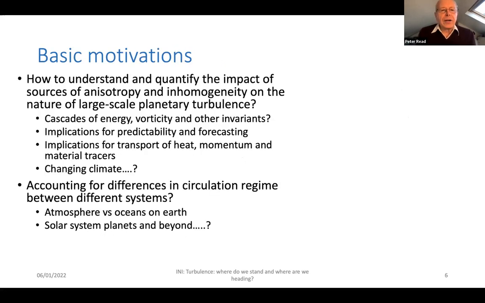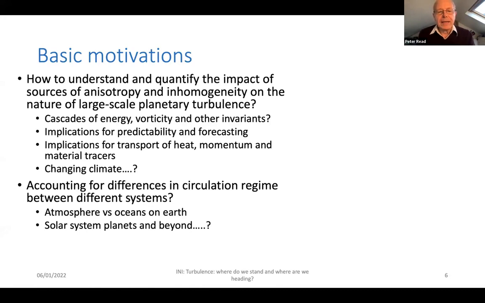So basically, perhaps this doesn't really need to be said, we want to understand and quantify the impacts of these sources of anisotropy and inhomogeneity on the nature of large-scale planetary turbulence, and this is important for understanding how cascades of energy, vorticity, and various other invariants may take place. It will have implications for predictability and forecasting, a very practical aspect, and also implications for the transport of heat, momentum, and material tracers, which is important for how the climate system works.